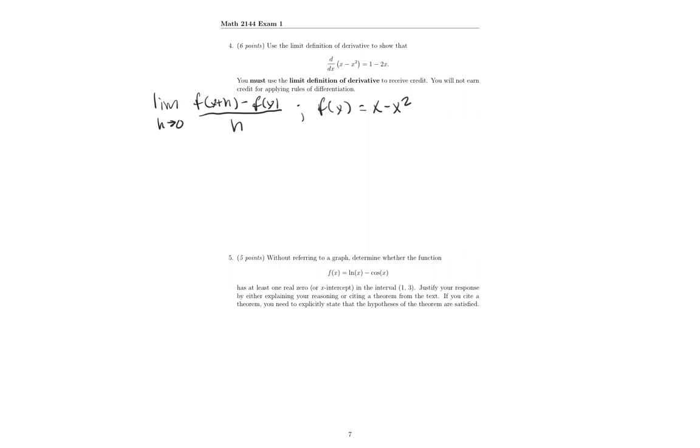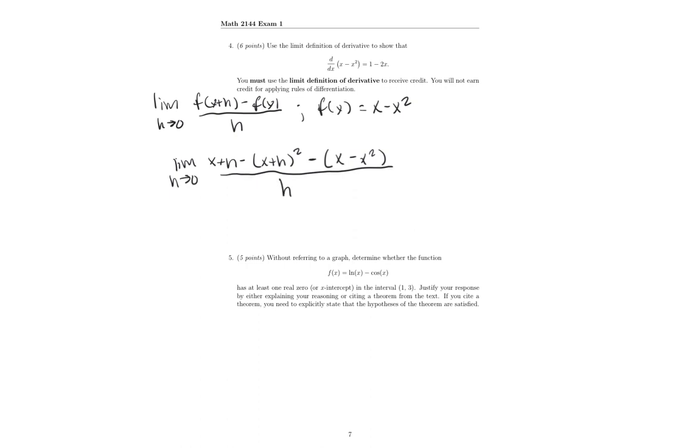So if we model it after this limit definition of a derivative, we'll get the limit as h goes to 0 of x plus h minus x plus h squared, minus the whole function x minus x squared, all over h.